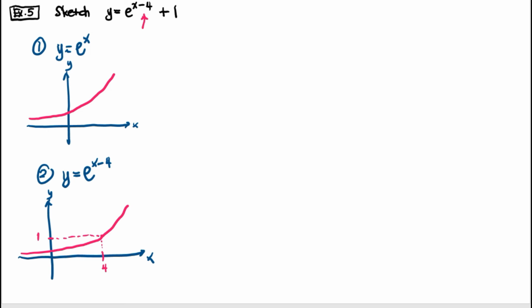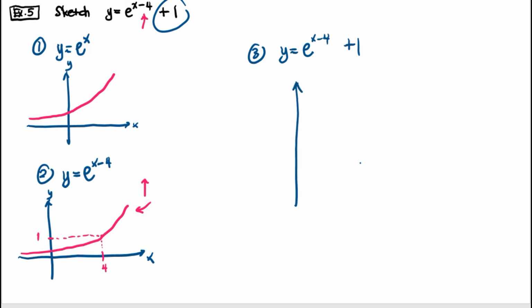But now finally I'm going to shift this graph upwards by 1 unit because we have a plus 1 here. So of course in the third step we have e to the power of x minus 4, plus 1. Again, this is x and this is y.